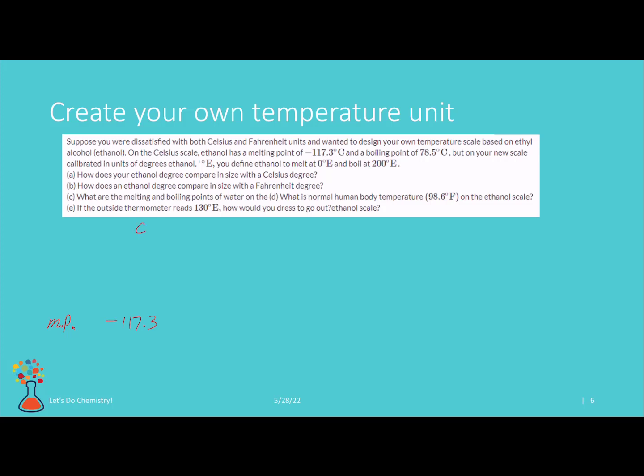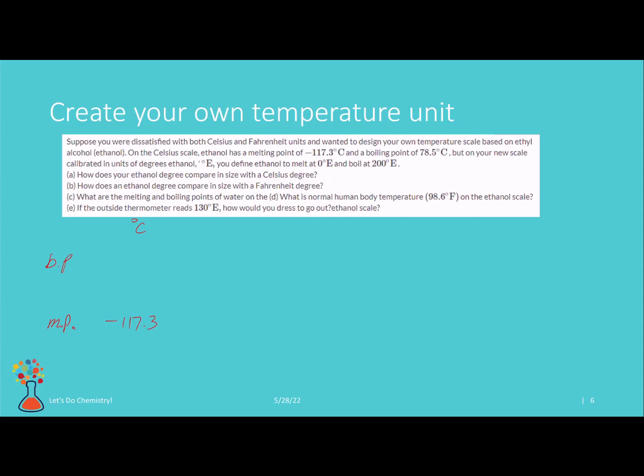Okay, so this is Celsius degree. But for the boiling point, which is from the liquid to the gas, which for water is 100 degree, right?